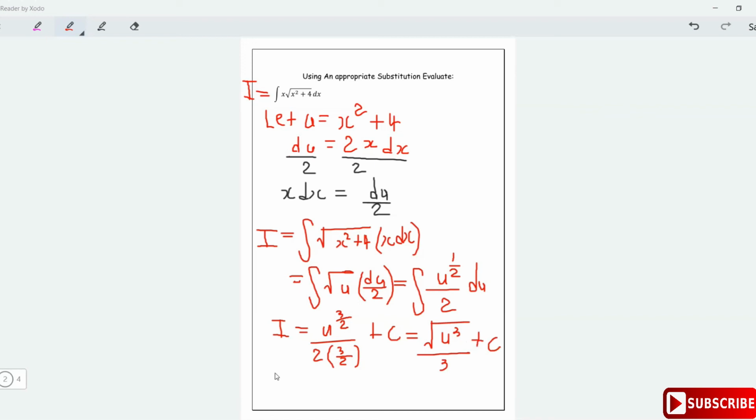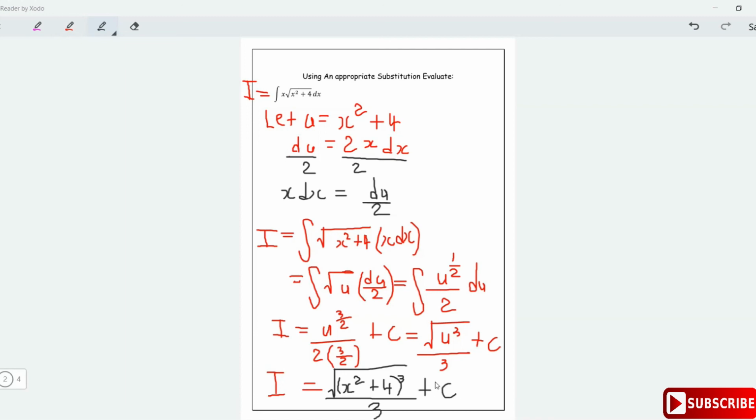So finally the integral is working out to be u cubed, and u is x squared plus 4. So this is x squared plus 4 all cubed, and then we square root it, and then we divide it by 3 plus some constant c.